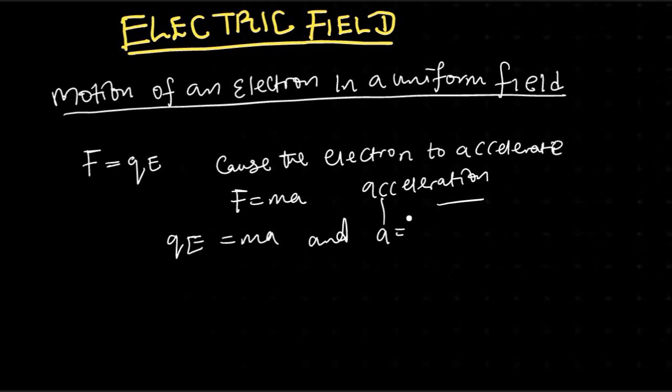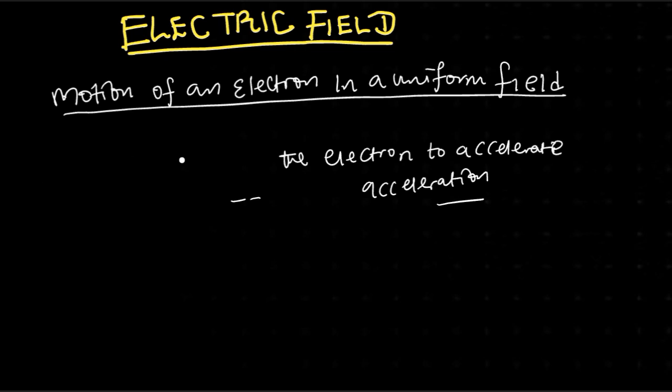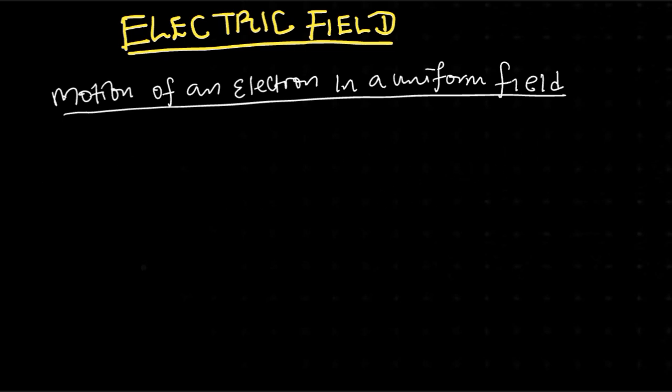This is example 2.5. Listen very carefully. It says that an electron is projected into a uniform electric field of intensity 5000 Newton per coulomb. The direction of the electric field is vertically upward.